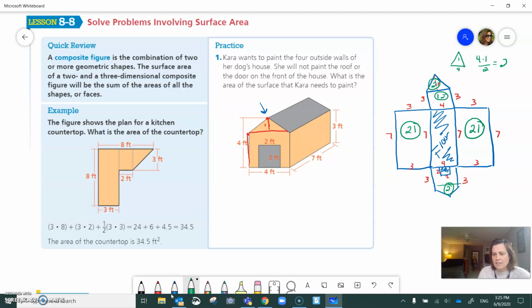The underside of this is also 12, but we need to subtract the door, and the door is 4. Whew! Okay. So the sides were the easiest. The sides were both 7 by 3, so the sides were 21.